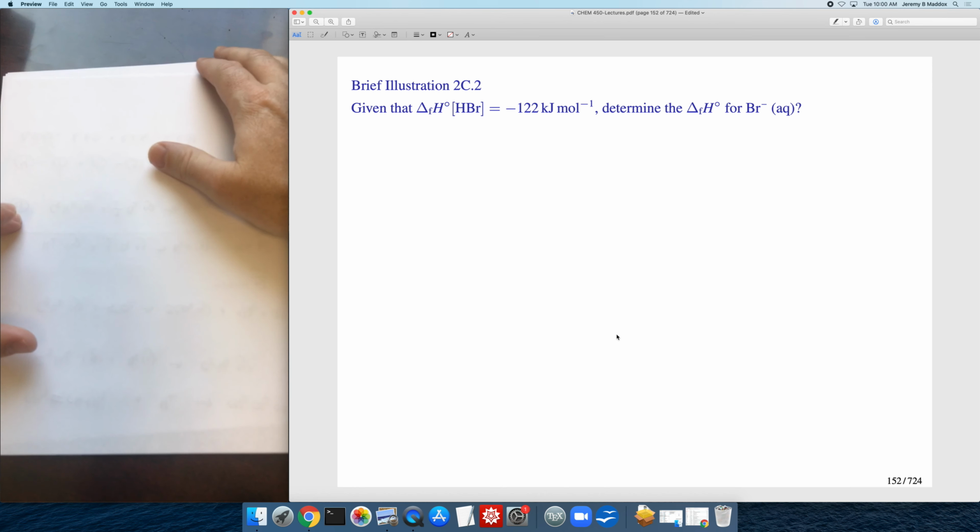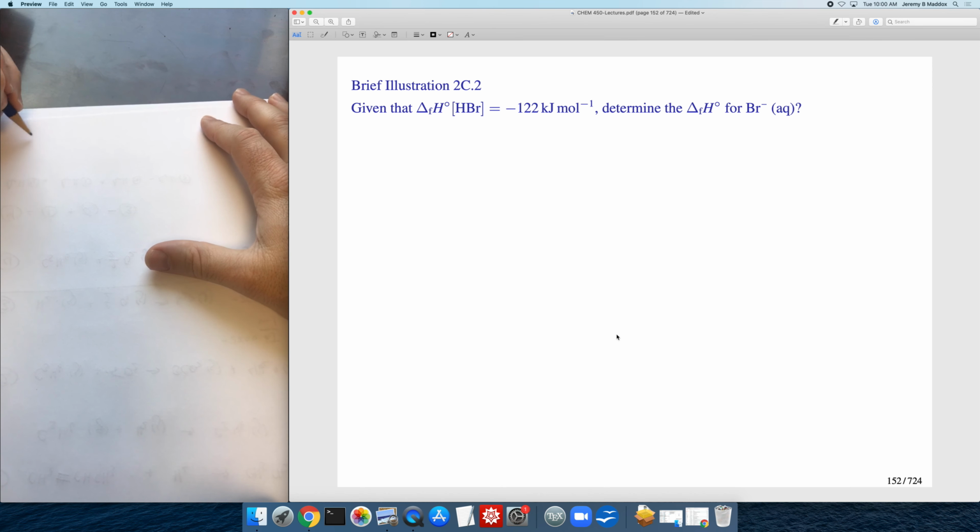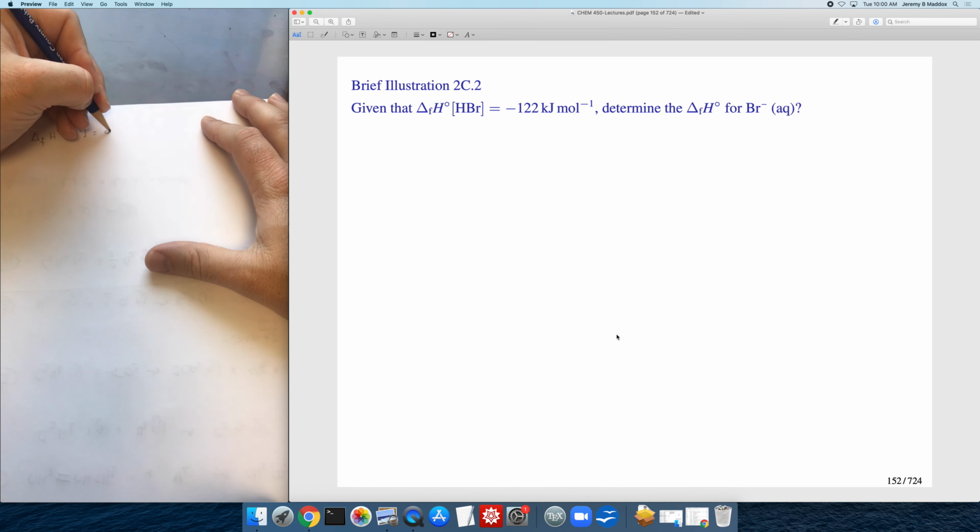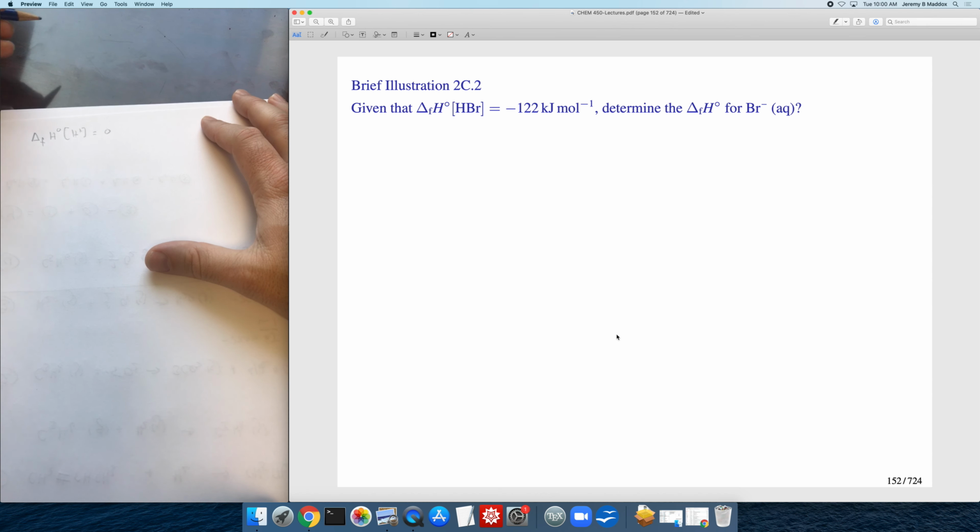One thing you need to note is that the enthalpy of formation for H plus is by definition 0. It's a sort of special ion, so to speak.